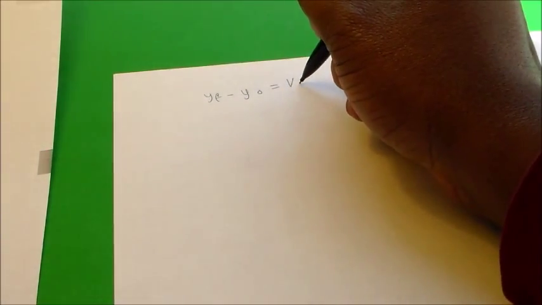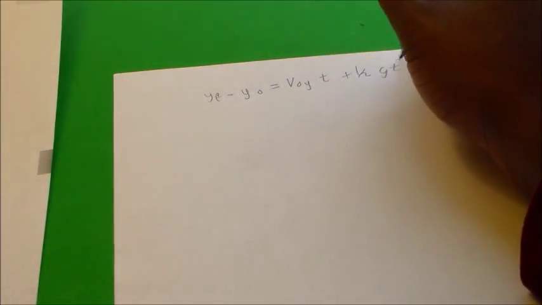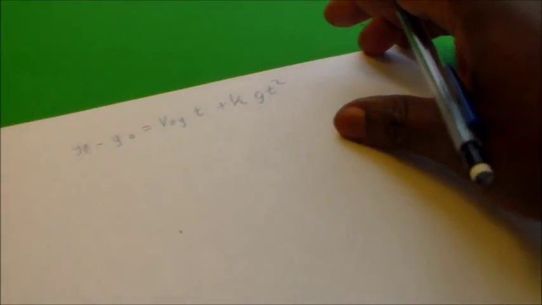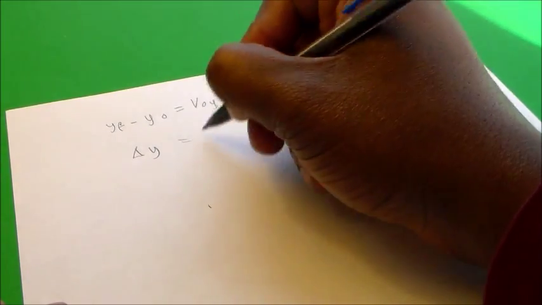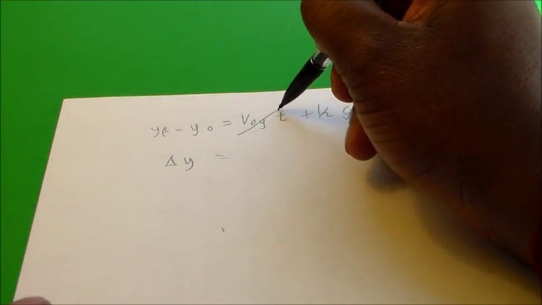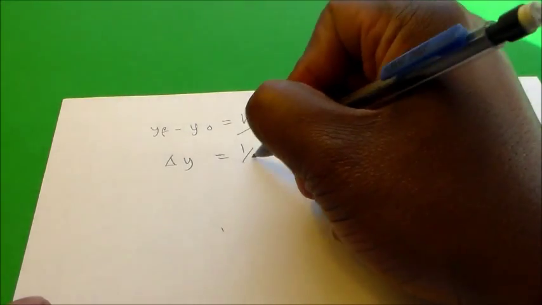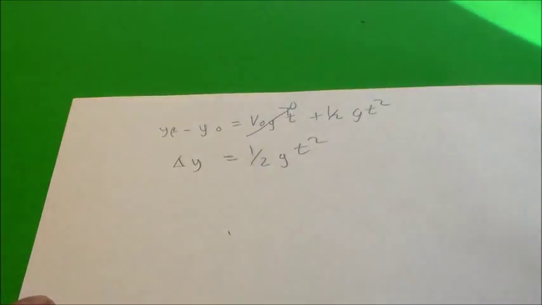So I'm going to write y of f minus y of 0, which is equal to v0y times t plus half g t squared. Remember, we can write this as just the change in y. We know that the initial velocity is equal to 0, so that term gets canceled out, leaving us with just half g t squared.